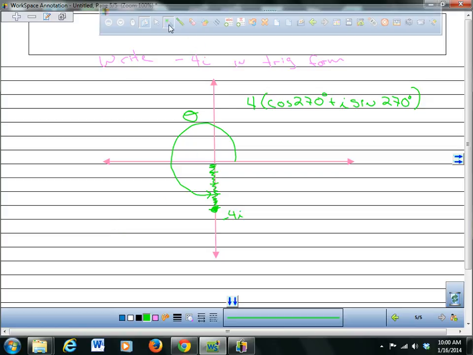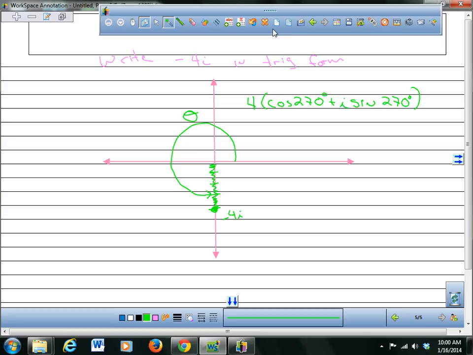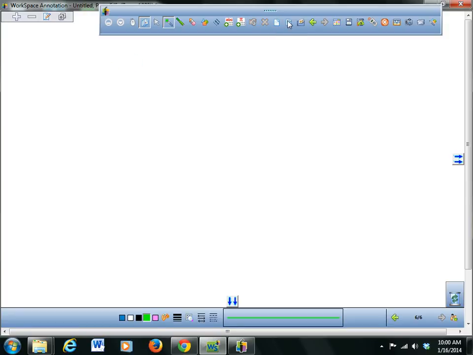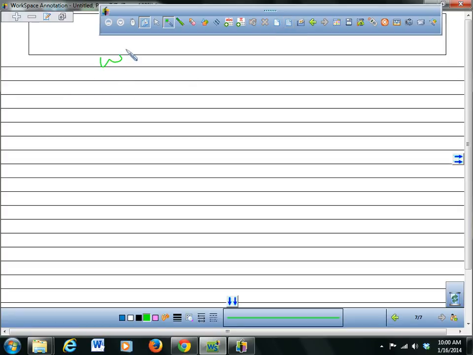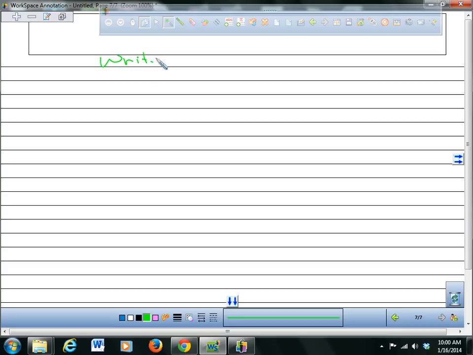So what if I did convert, right, we're almost done. Let's do this one. I'm changing my square root of 6, cosine of 5 pi over 6, plus i.